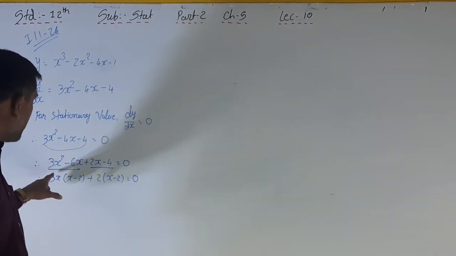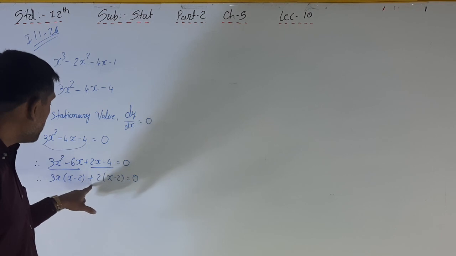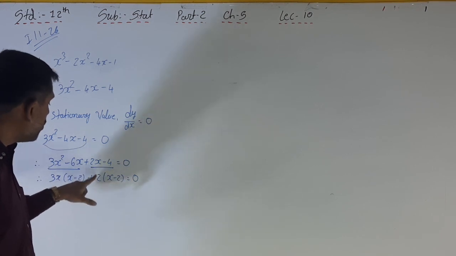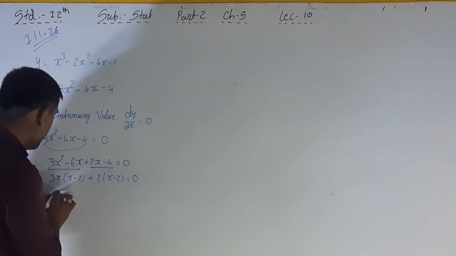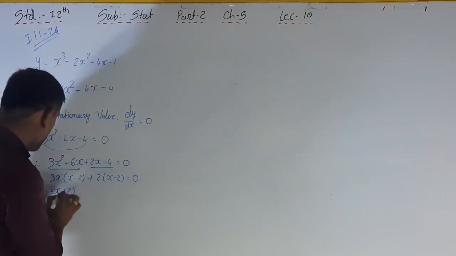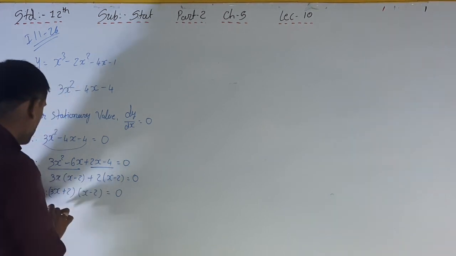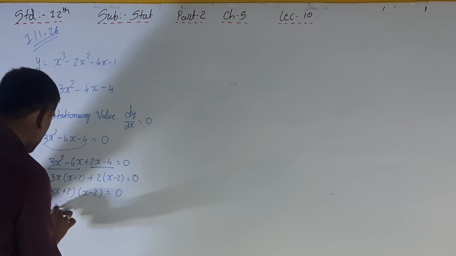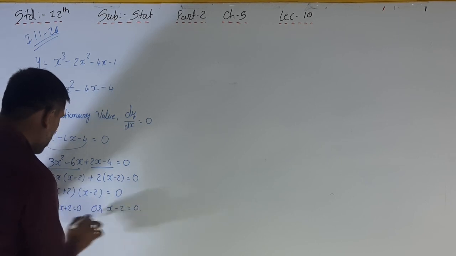Here we have to take 3x as a common. So x minus 2 plus, here we have to take 2. That's why x minus 2. So here what is the final answer? 3x plus 2 and x minus 2 is equal to 0. So we can say that 3x plus 2 is equal to 0 or x minus 2 is equal to 0.